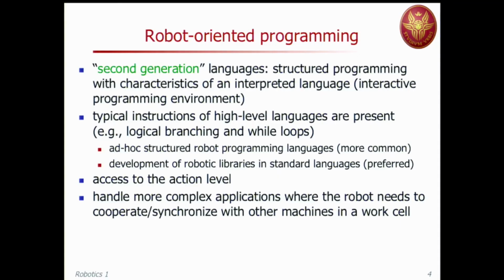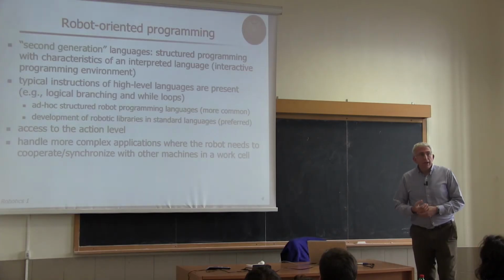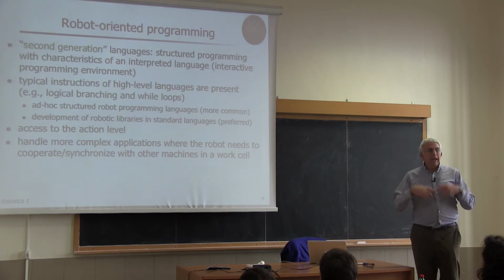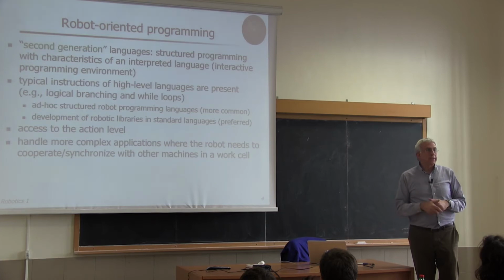Moreover, remember that the robot is not a singleton in an application, especially in an industrial application. You have seen cells where multiple robots should cooperate and should exchange information through common buses.